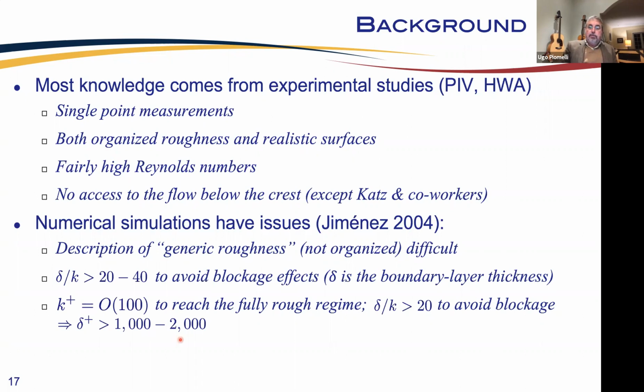And a channel with delta plus of 1000 can be computed, but it's not a cheap calculation. It can take several weeks of wall clock time, at least with Canadian resources, for a plain channel at delta plus 1000. So numerical simulations of rough wall boundary layers are difficult because of the cost, essentially.